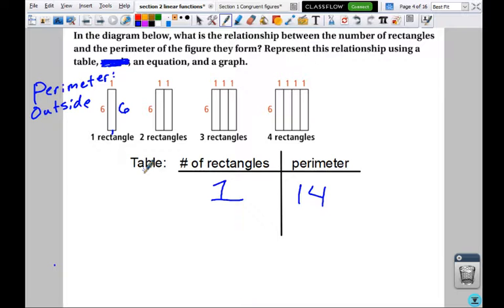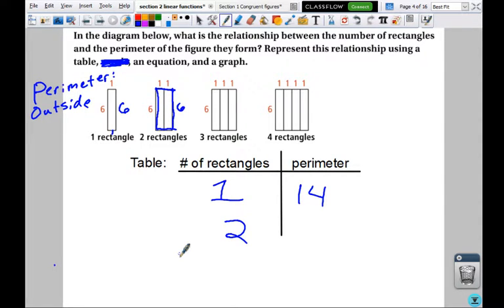Now when I have 2 rectangles, I need to find my perimeter. And remember, perimeter is the amount outside. We already said if the left is 6, the right is 6. But this little inside piece is not part of the perimeter, so I'm not going to add that in. I'm only adding in the outsides. So all I care about is this part right around here.